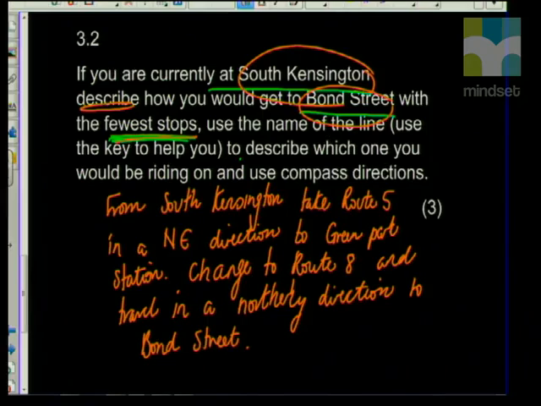So I've got my compass directions, I've got my routes or lines that I'm using, Route 5 and Route 8, and then I think that I've got all the bits answered in order to describe how to get from one to the next.